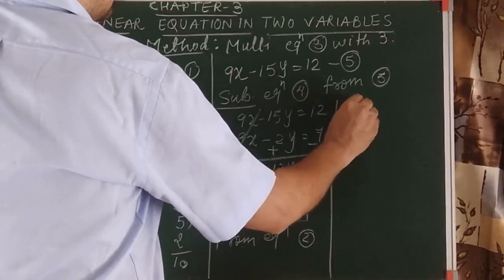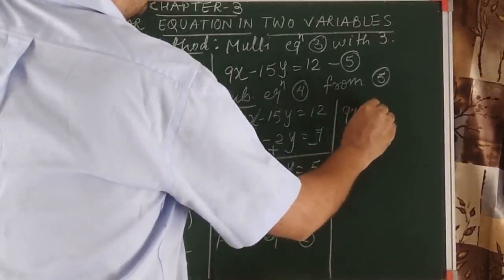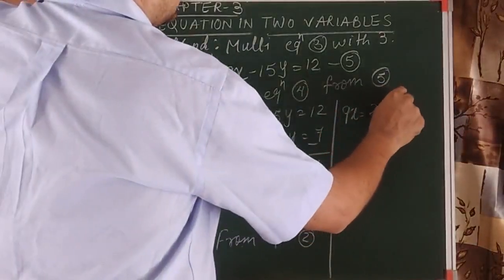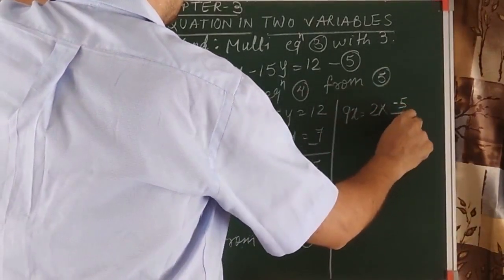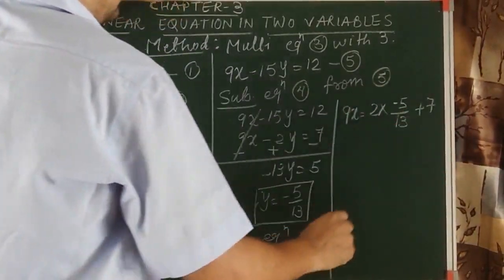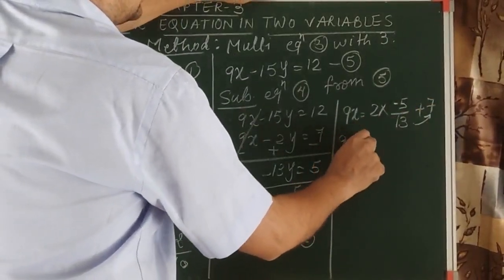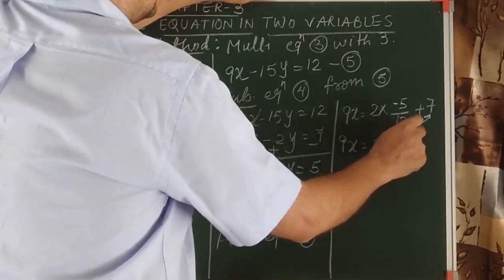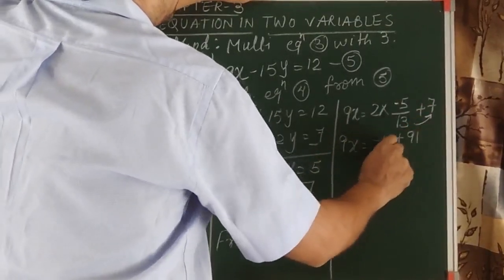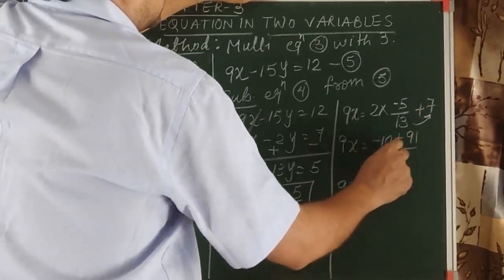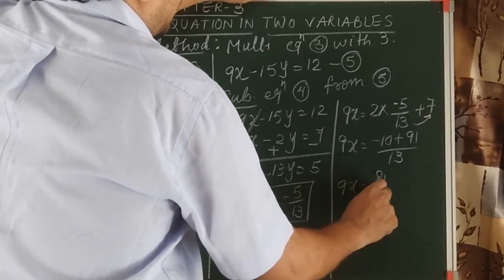So 9x is equal to 2 into minus 5 by 13 plus 7. As it won't be cancelled, we have to take the LCM. So 9x is equal to minus 10 plus 13 sevens are 91 upon 13. So 9x is equal to, the subtraction is 81 upon 13.